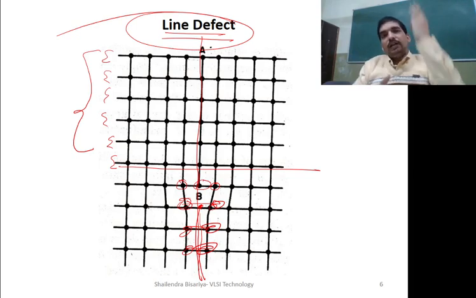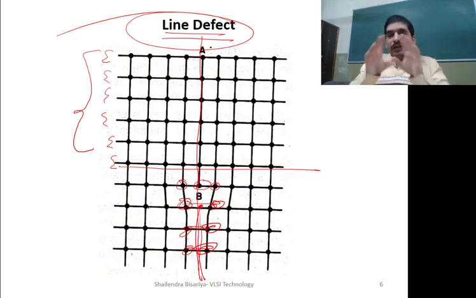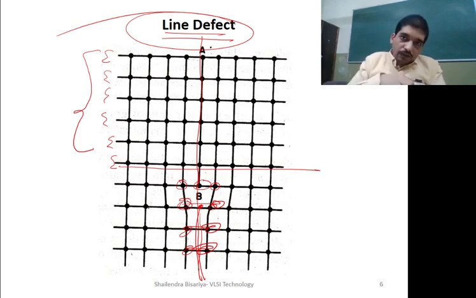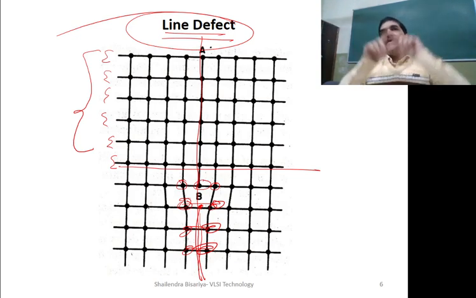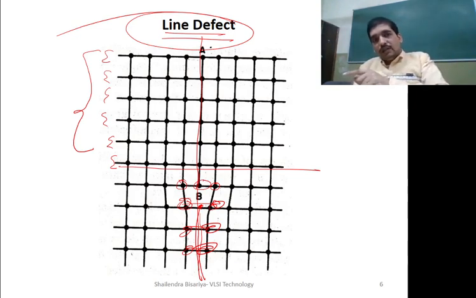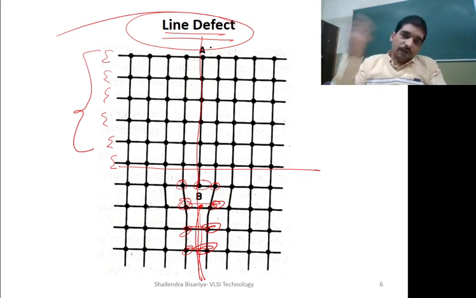Similarly, we can think in three dimensions, and that defect will be a volume defect. So this is how we define which type of defect may occur. We can say that a defect may occur in one dimension, so it will be a point defect or a line defect. If the defect occurs in two dimensions, it will be a surface defect. If the defect occurs in three dimensions, it will become a volume defect.